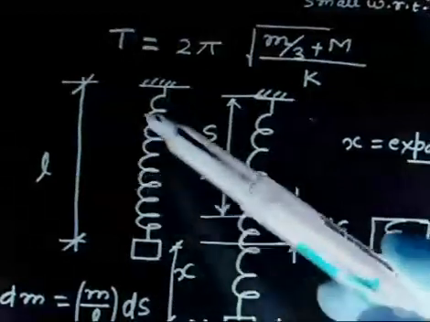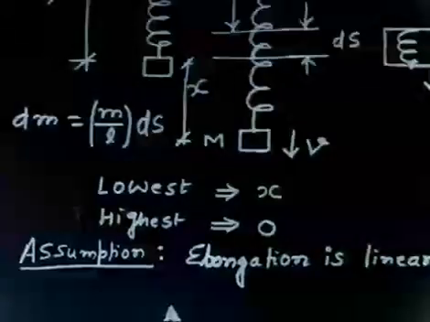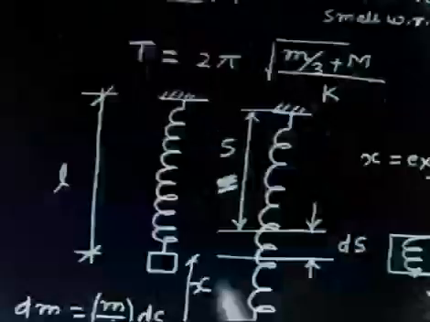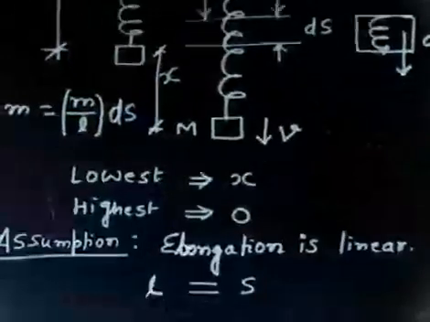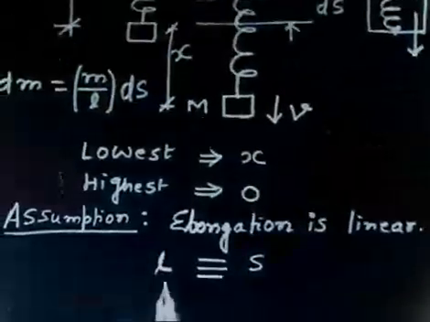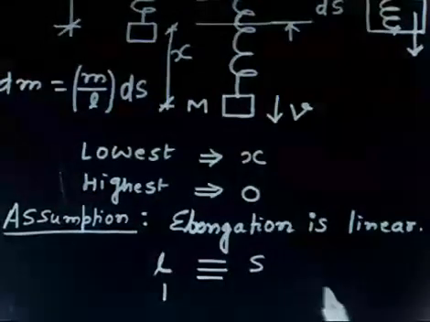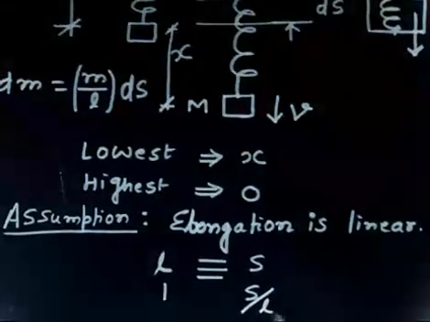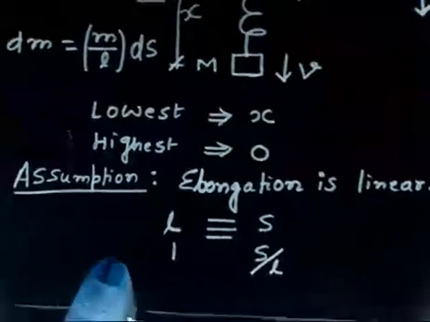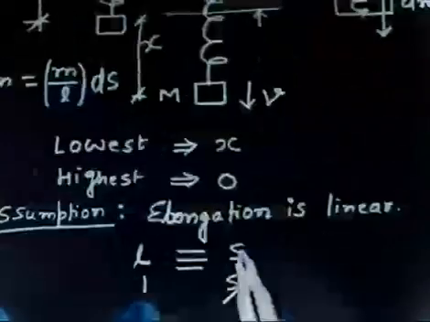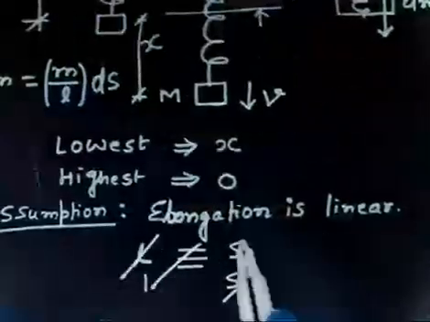So if I have a point placed at distance L, the expansion is x; if I have a point at 1 unit length, the expansion is x by L. Let me write again.